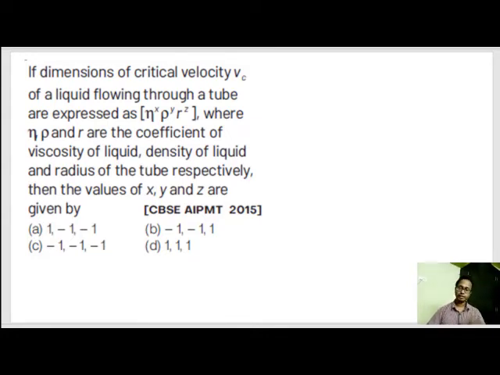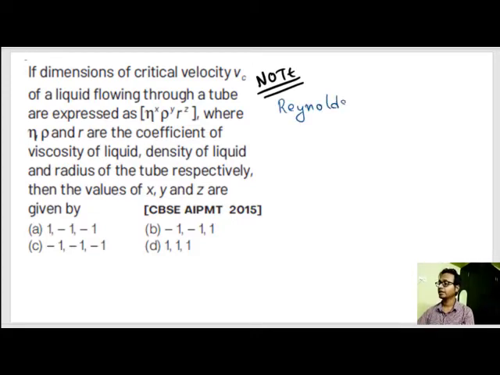Okay, for this question you have to make a note. You have to know a formula to understand this question. Okay, the concept is Reynolds number. This will be taught in fluid mechanics. Reynolds number is a dimensionless quantity.